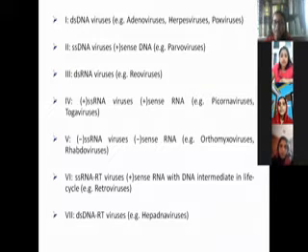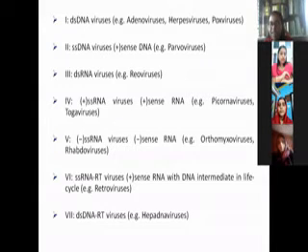Group 3 includes double-stranded RNA viruses, the reoviruses. Group 4 includes single-stranded positive sense RNA viruses. And group 5 includes single-stranded negative sense RNA viruses.